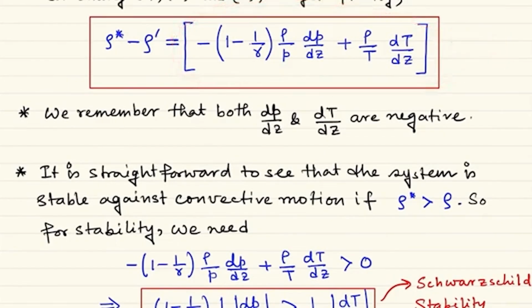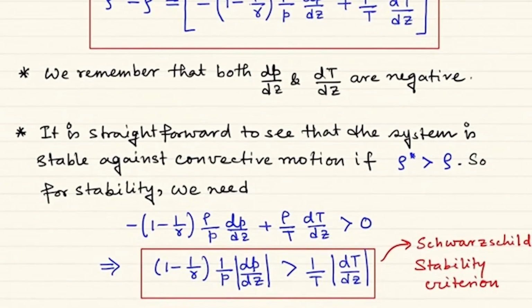Now, since dp/dz and dT/dz are negative, the modulus of this thing should be greater than the modulus of that thing, and that is exactly what we have written here: 1 minus 1 by gamma times 1 by p, mod of dp/dz, should be greater than 1 by T, mod of dT/dz.